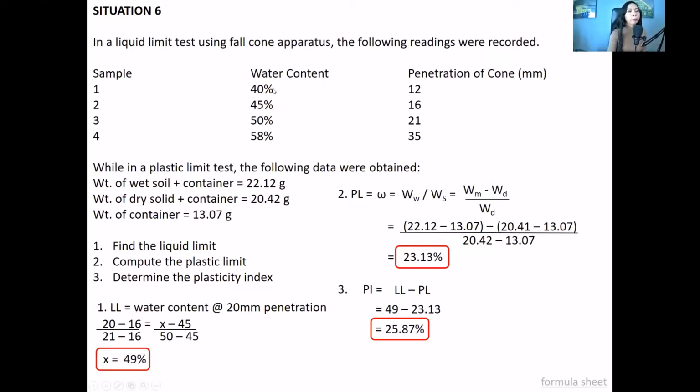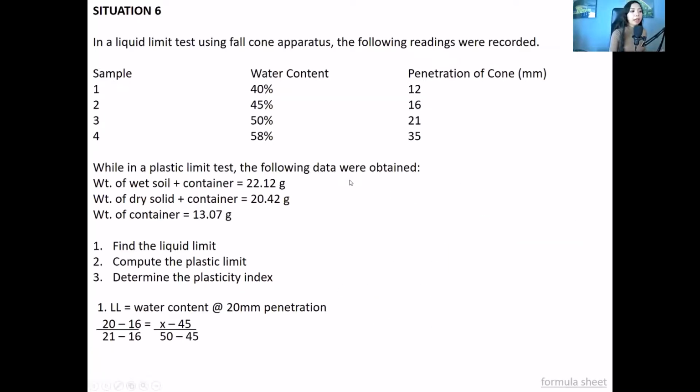Okay? So, halimbawa, pinataas mo na yung water content para doon sa soil sample. Yun naman na 58%. Tapos, syempre, kung mas mataas yung water content mo, mas lulubog yung cone, di ba? Kahit na free fall siya. So, pag nilet go mo yung cone, sa nakikita natin, 35 mm yung na-penetrate niya dun sa soil sample. So, kaya tayo nakapag-graph ng something like this.